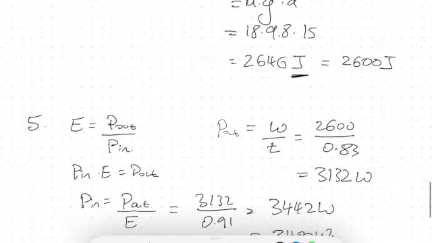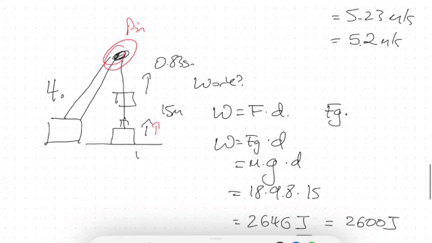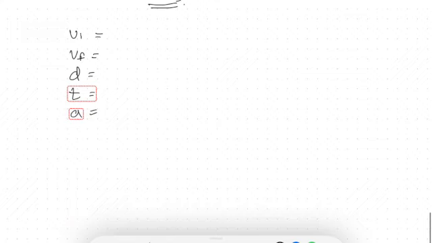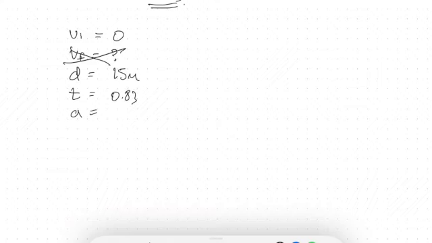Velocity initial, all the way back up here, should be 0. Velocity final, that's the one we don't care about. Distance we know, 15 meters. Time is 0.83, and the acceleration, that's the one we're looking for.